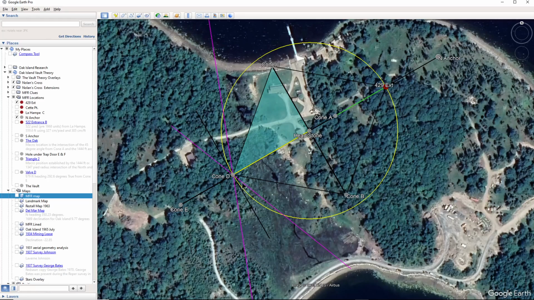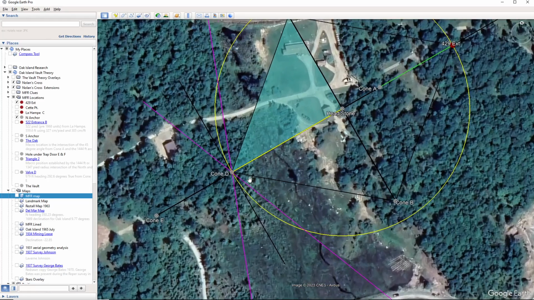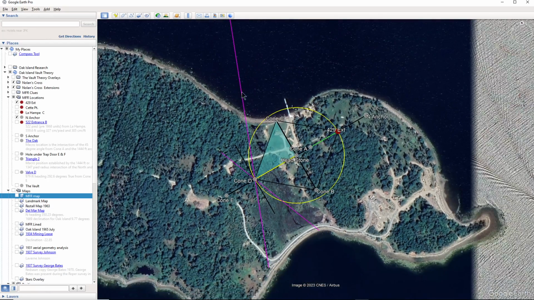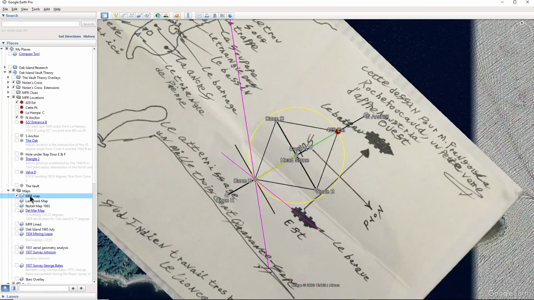These are the alignments from the clues on the map, and I'll show you that in a minute, where you can see it comes to cone D. Now these lines are from the clues on the map.